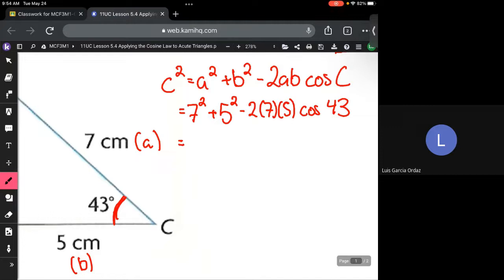So what is 7 squared? 49. 5 squared? 25. What's 2 times 7 times 5? 70.